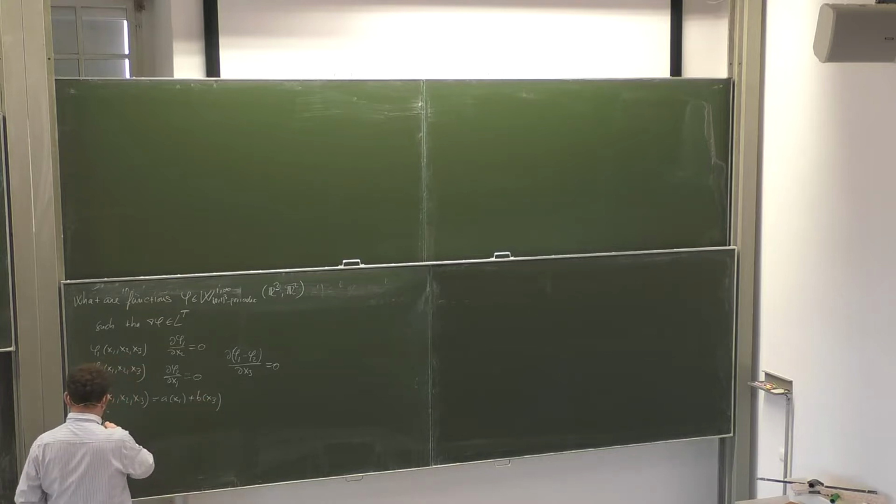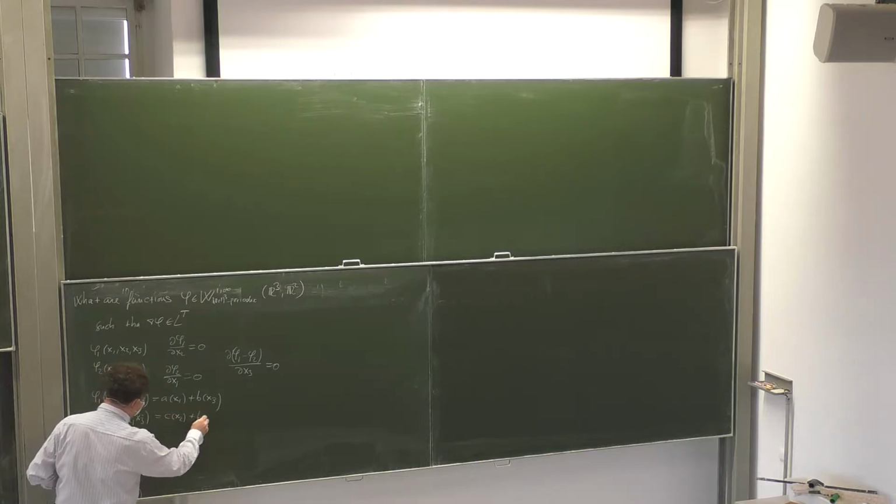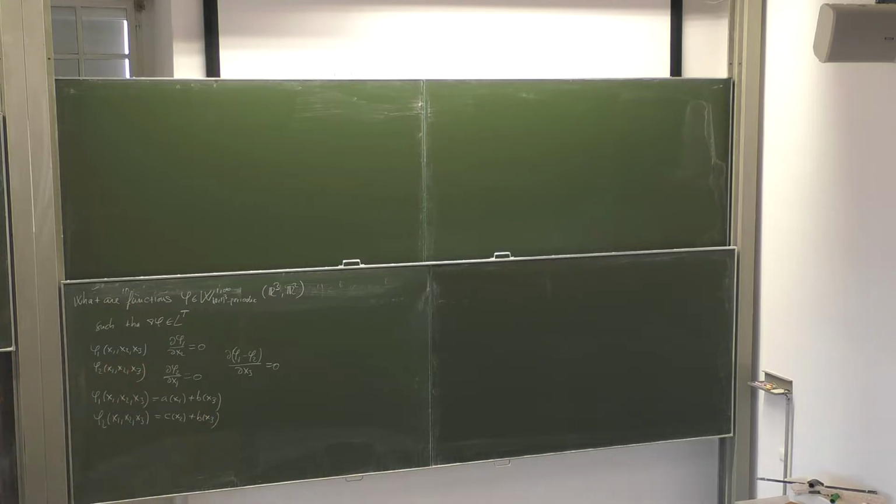And the second component, of x1, x2, and x3, is C of x2 plus B of x3. You have to have this form of your phi.